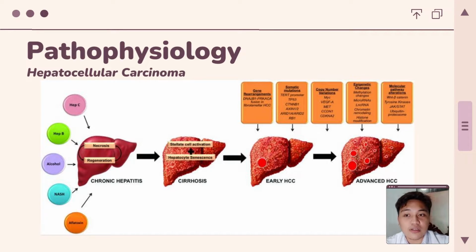The resultant genomic instability leads to initiation of HCC. Then stepwise accumulation of multiple genetic events including gene rearrangements, somatic mutations, copy number alterations, epigenetic changes, and growth factor pathway alterations eventually lead to tumor progression and metastasis.